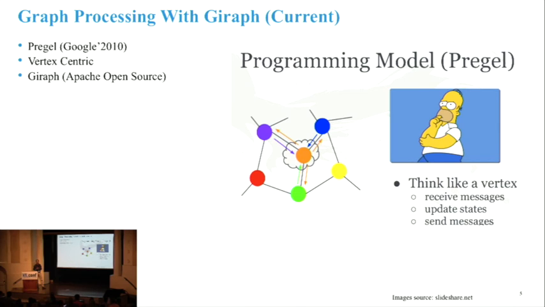All a vertex cares about is that it receives messages from other vertices, updates its current state, and sends a message to all the vertices it is connected to. It's a very powerful distributed graph processing technique, which we have been using for over 3 years at PayPal.